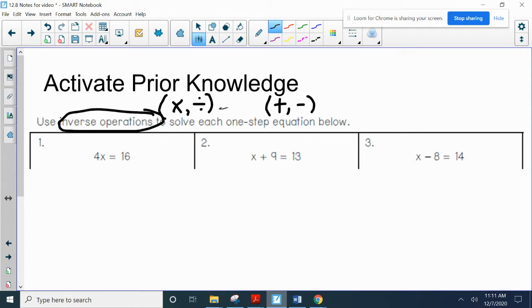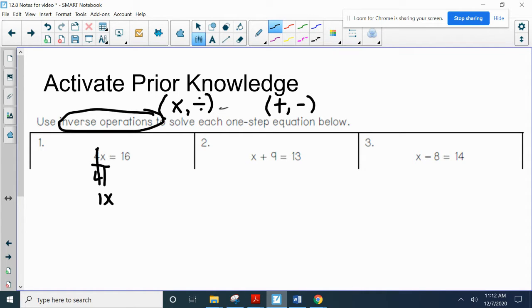So let's use that and solve each one-step equation. In the first one, we can recall that a number next to a variable implies those 2 numbers are being multiplied. I just said that multiplication and division are each other's inverses. So in order to get rid of that multiplication, we're going to divide. 4 divided by 4 is 1.